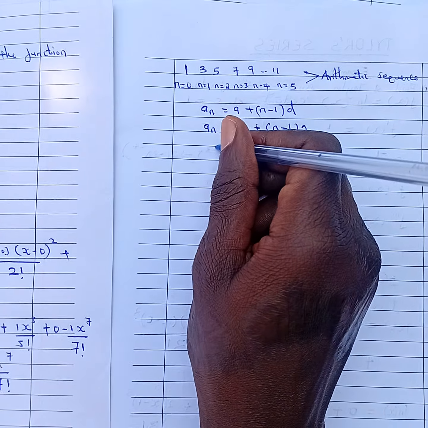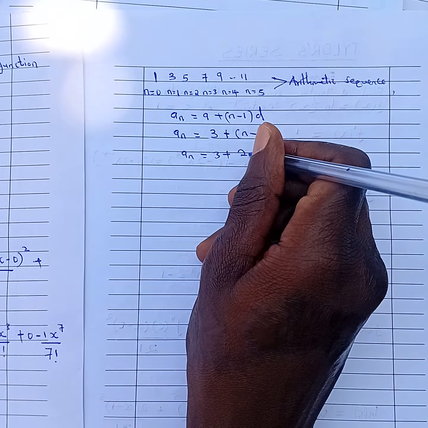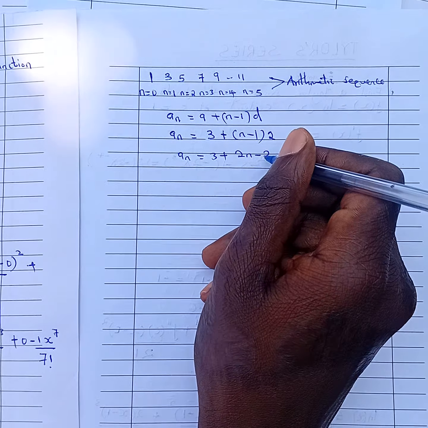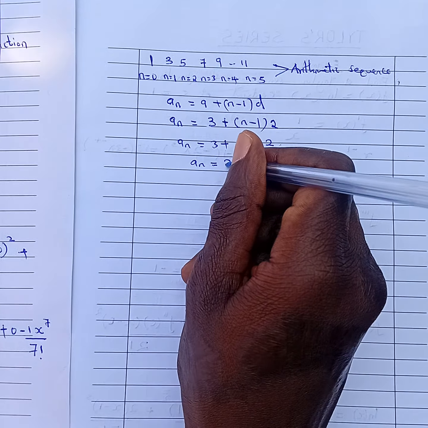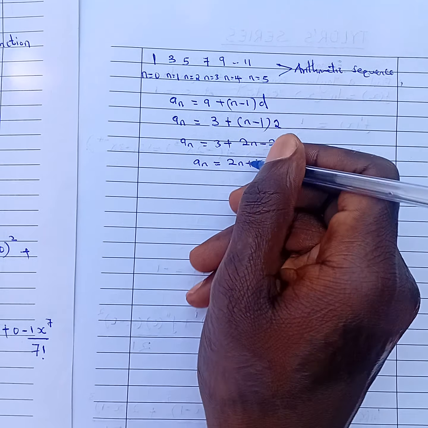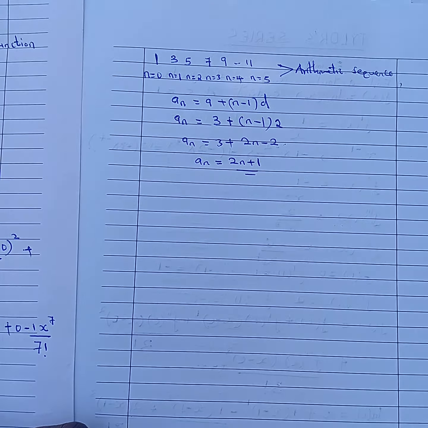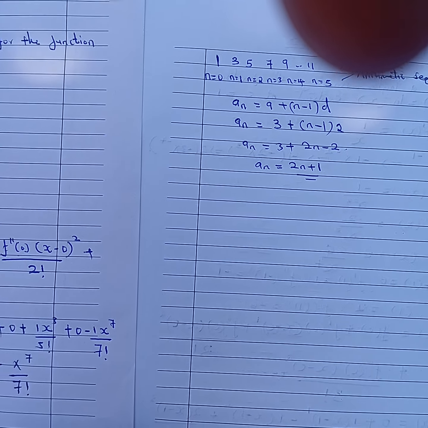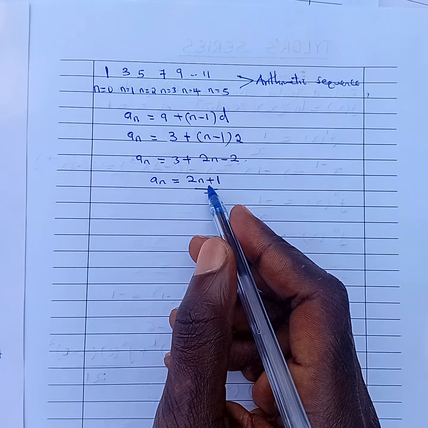Here we'll have a_n equal to 3 plus 2n minus 2. So a_n will be 2n plus 1. This is where we've gotten 2n plus 1.